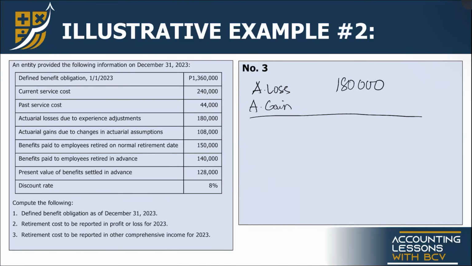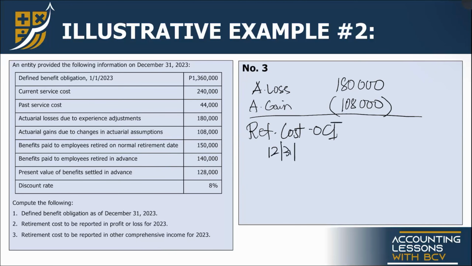While actuarial gain is 108,000. Since ang pinag-uusapan pa din natin dito, guys, ay retirement cost, ang loss, add yan. Ang gain, dinededuct.